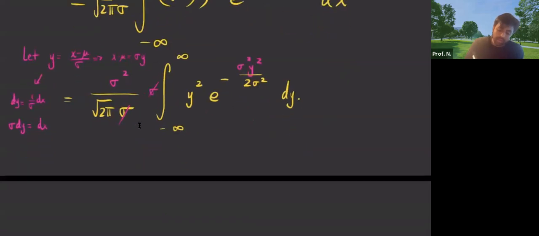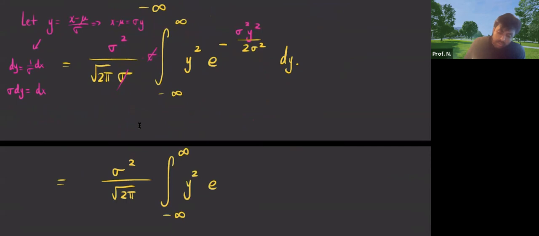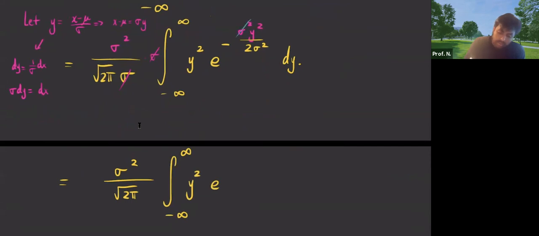So the final thing I have is sigma squared over the square root of 2 pi, integral from negative infinity to infinity of y squared e to the negative y squared over 2 dy. The sigmas in the exponent cancel out. So this is what I have.